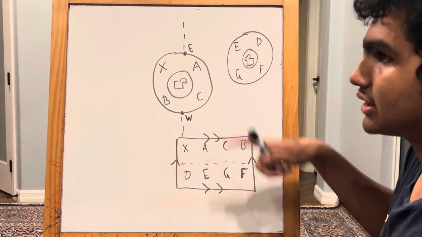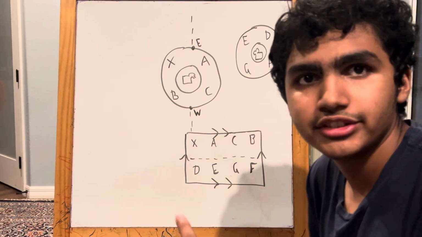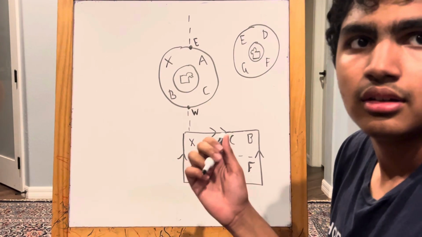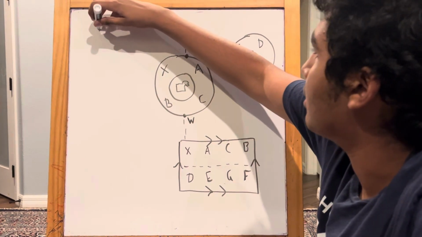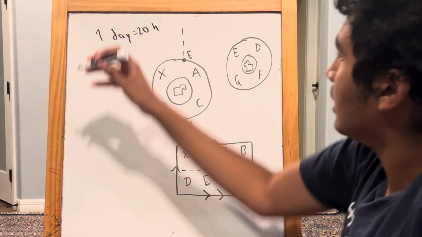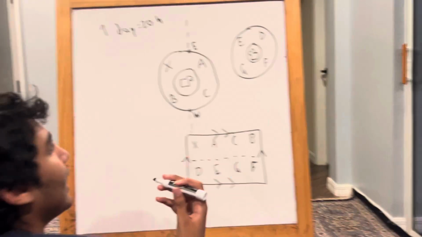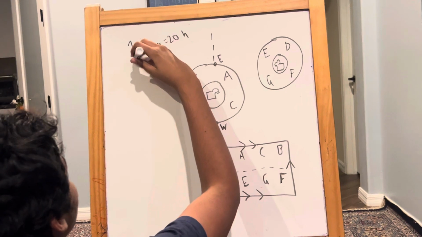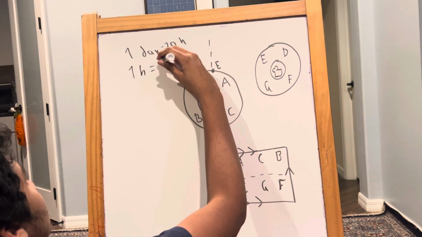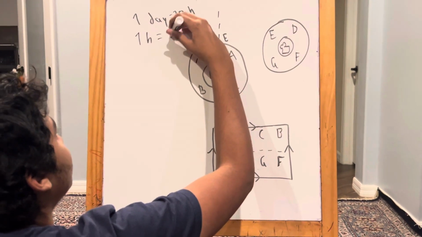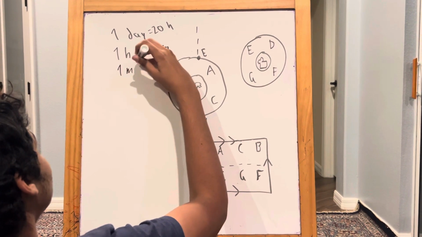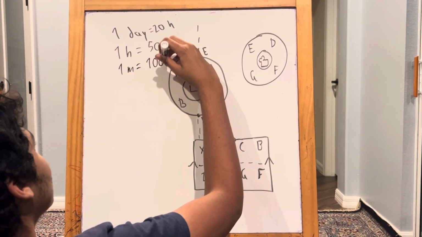Now, the day-night cycle is 20 hours long, okay? Except these hours are not the same as Earth hours. So one day is 20 hours. However, 1 hour is 50 minutes. But these minutes aren't the same as Earth minutes, because 1 minute is 100 seconds.